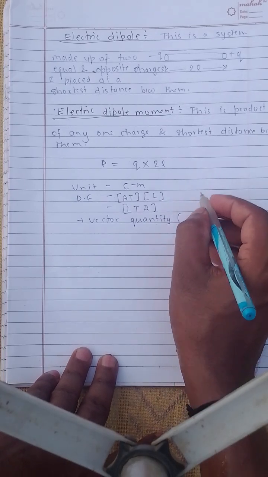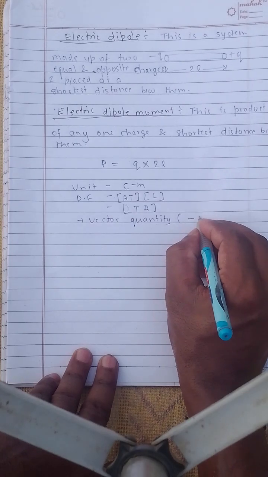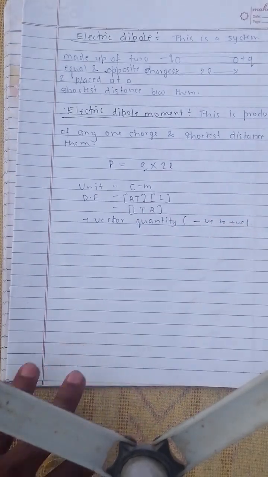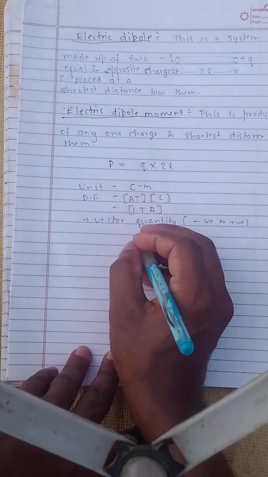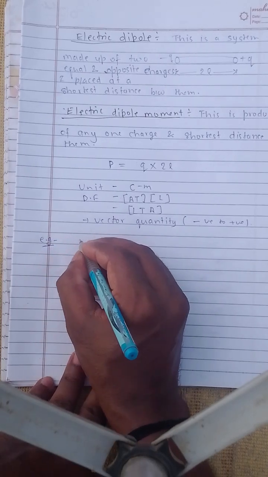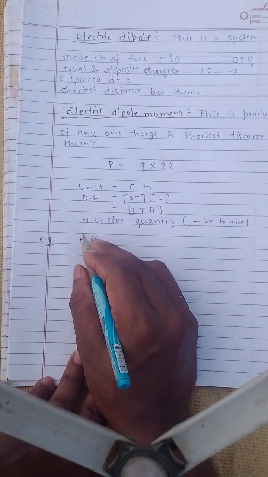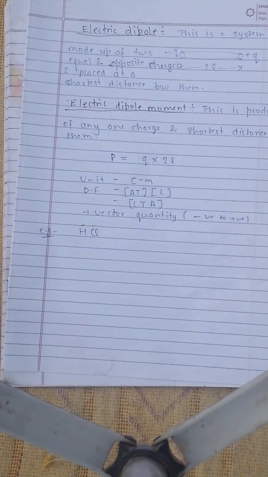Its direction is from negative to positive. For example, HCl: this is the plus charge, this is the minus charge, this is an electric dipole.